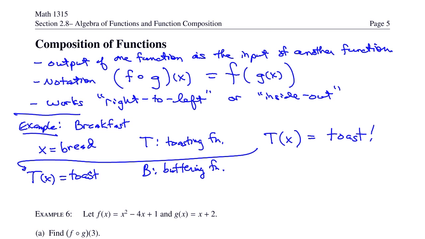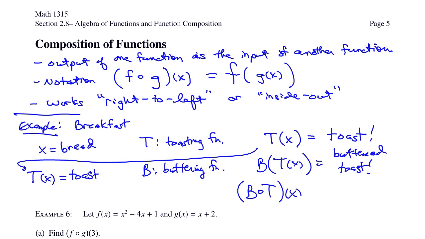You don't butter the bread, you butter the toast. And what do you end up with? Buttered toast. Exactly. Now, how would you write this in composition notation? It would be b composed with t of x. Buttered toast. That's what you end up with.